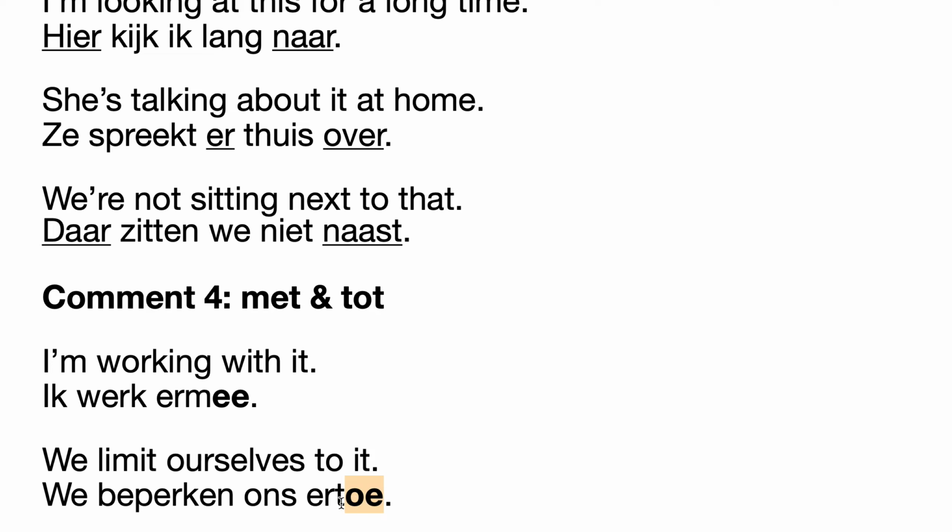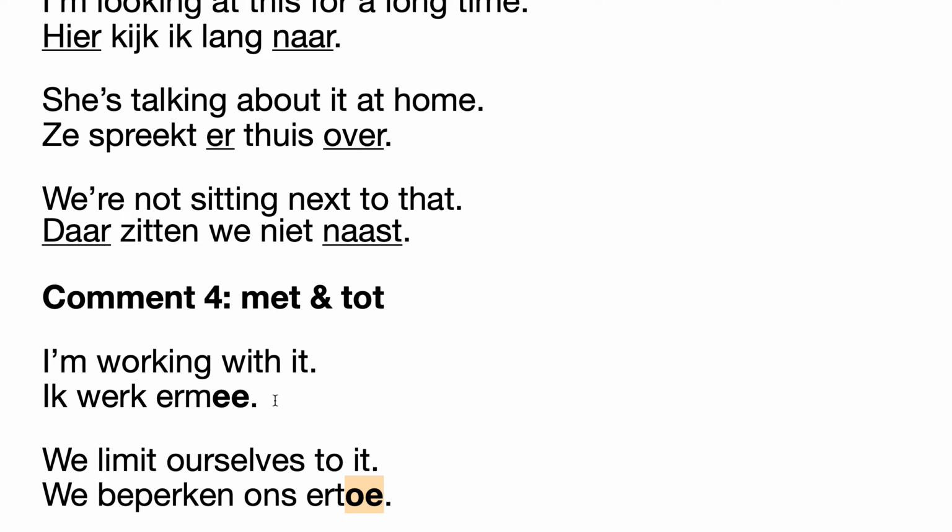It's used less frequently than met. It means until, or here in the combination with beperken, zich beperken tot, it means to limit yourself to something. This tot will become a toe. Okay, so tot plus met becomes mee.